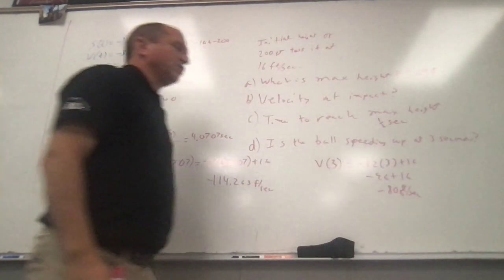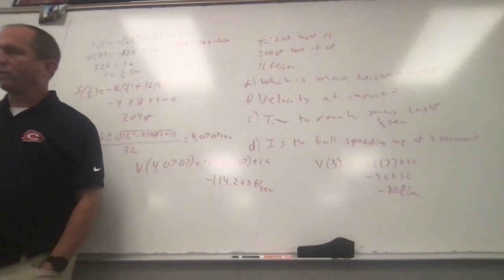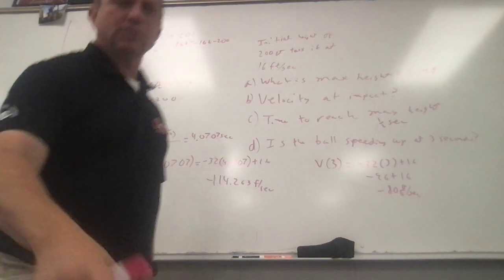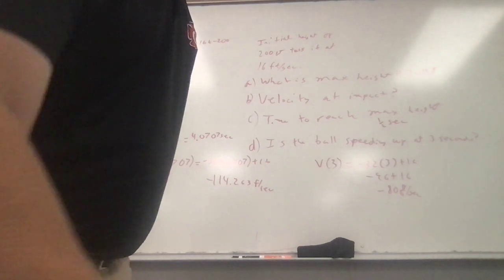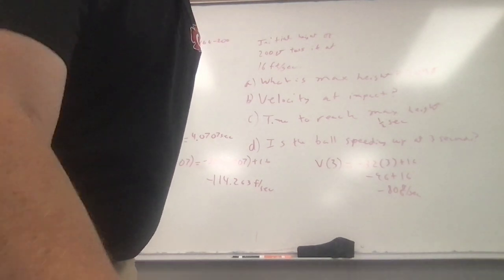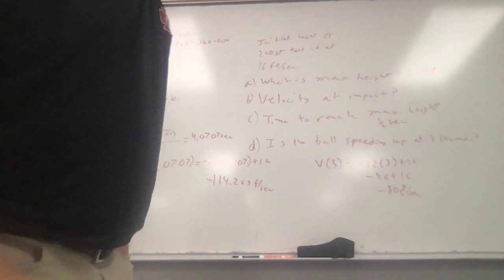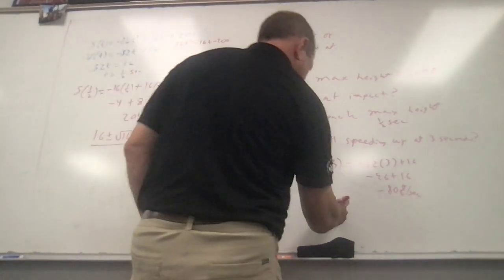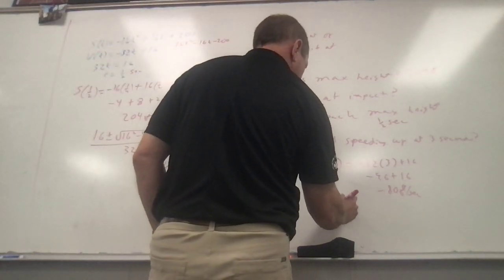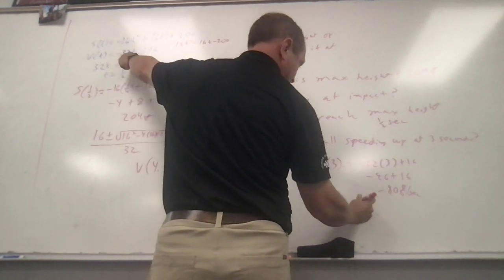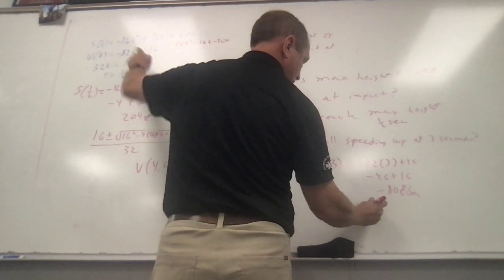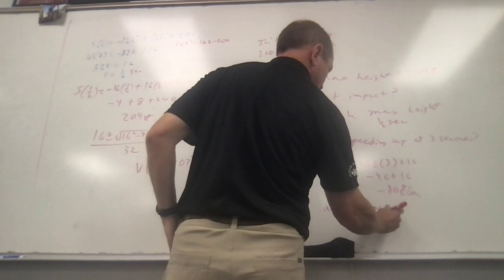Now again, it's not just the fact that velocity is negative that tells us it's speeding up. What else is it that we need to consider here? Sign of the acceleration. Yeah. So A of 3 is negative 32 feet per second squared.